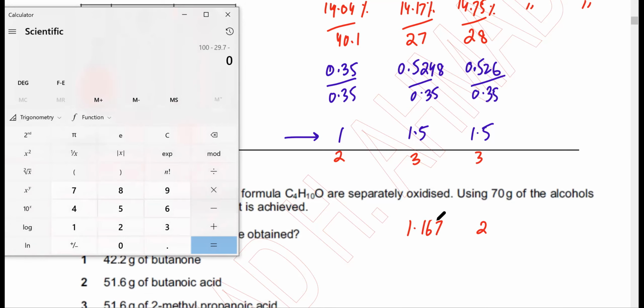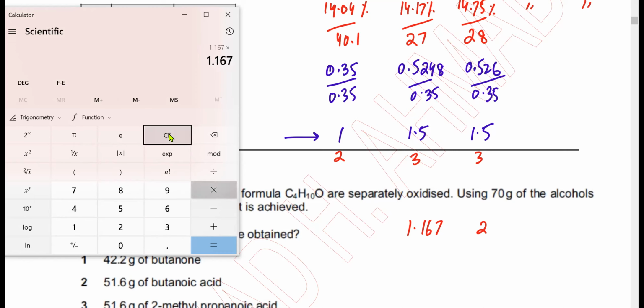This one is kind of very difficult, to figure out what the ratio is in whole numbers. 1.33 was easy, but this would involve some sort of trial and error.